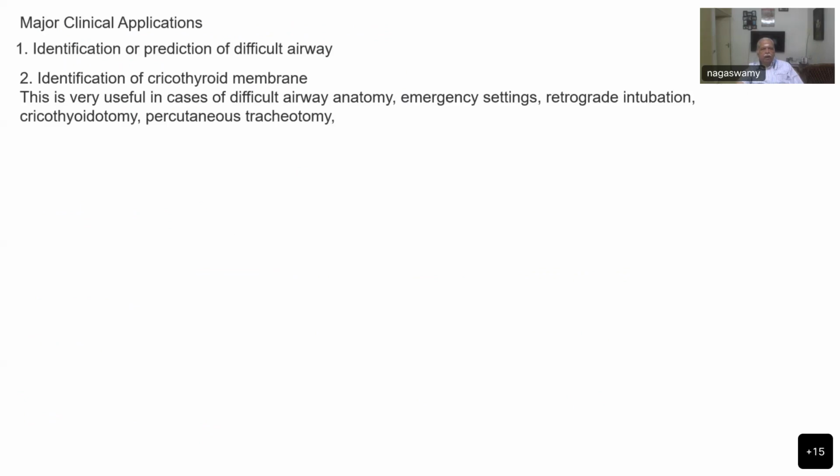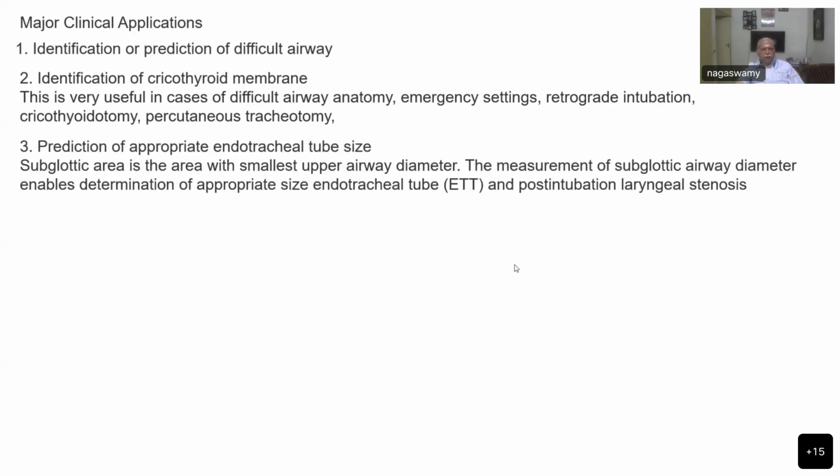And what are the major clinical applications? Identification and prediction of difficult airway. Identification of the cricothyroid membrane is very useful in cases of difficult airway anatomy, emergency settings, retrograde intubation, cricothyroidotomy or percutaneous tracheostomy. For all this, we have to identify the cricothyroid membrane.